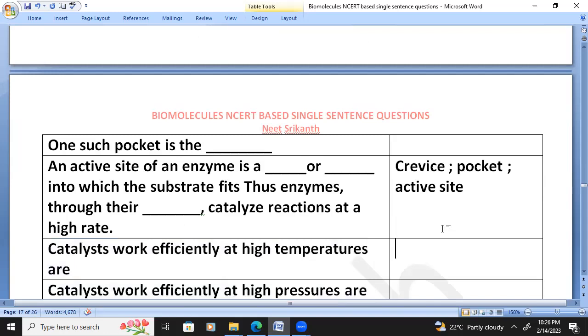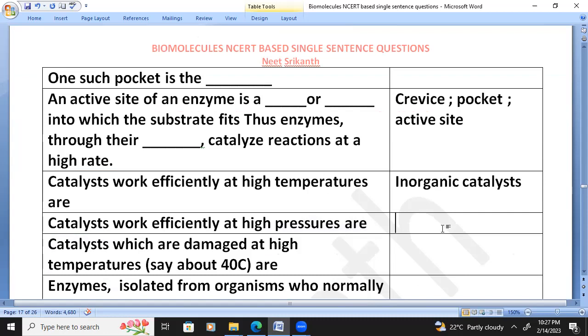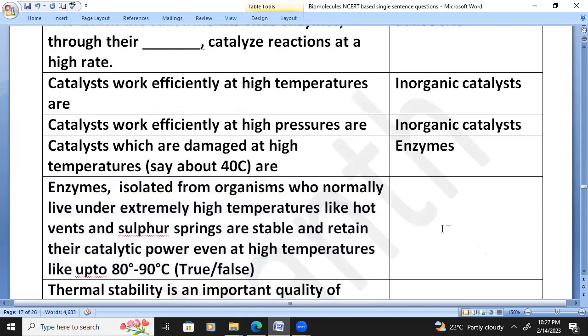Catalysts which work efficiently at high temperature are inorganic catalysts. Catalysts which work efficiently at high pressures are inorganic catalysts. Catalysts which are damaged at high temperature, say about 40 degrees centigrade, are enzymes, organic catalysts.